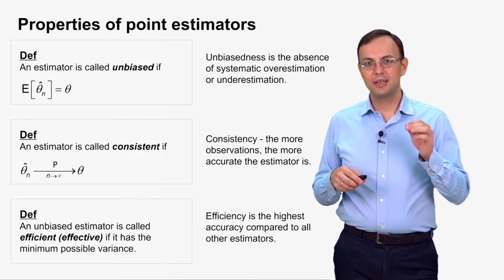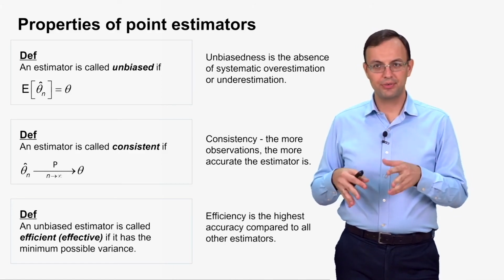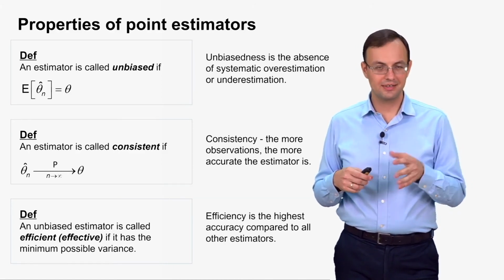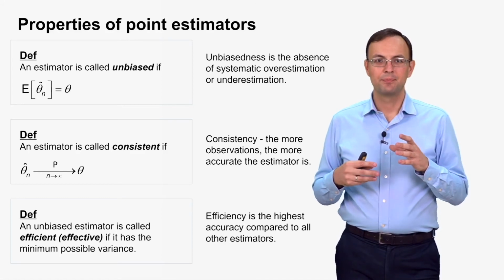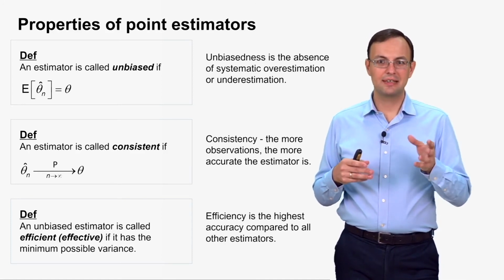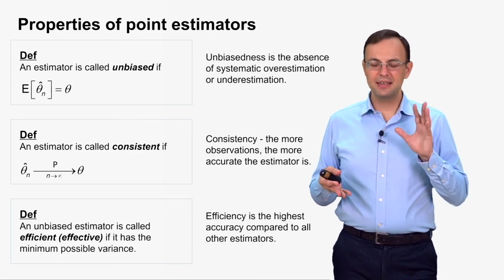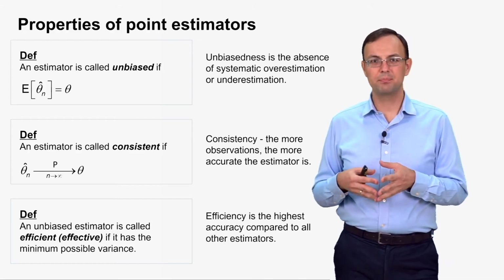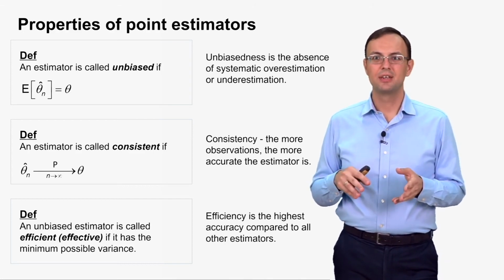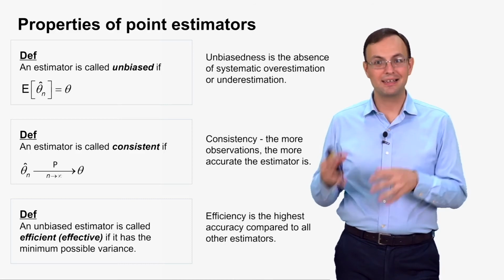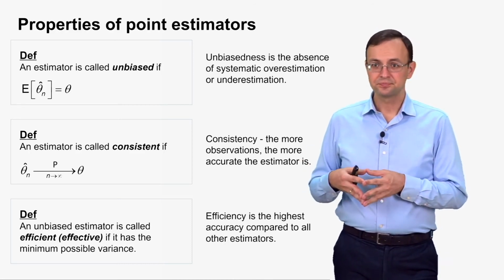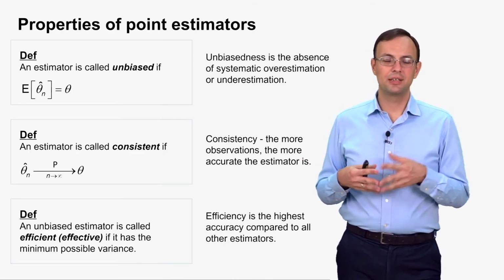The most important of these three properties is consistency. If the estimator is consistent, it is not a very big problem if it is biased, for example.